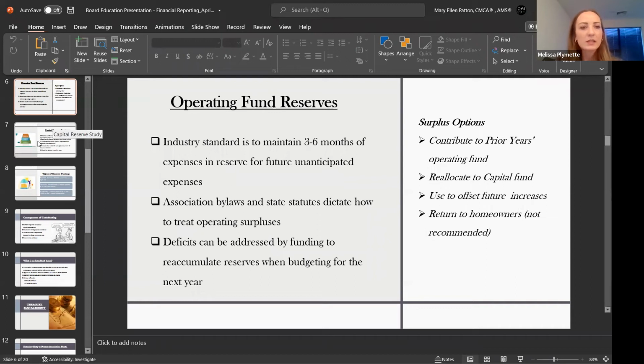If the association isn't in desperate need of cash, then you could just plan to budget to refund your reserves in a future year. So those are some options on the deficit side, if that's an issue that your association is facing. Next slide.